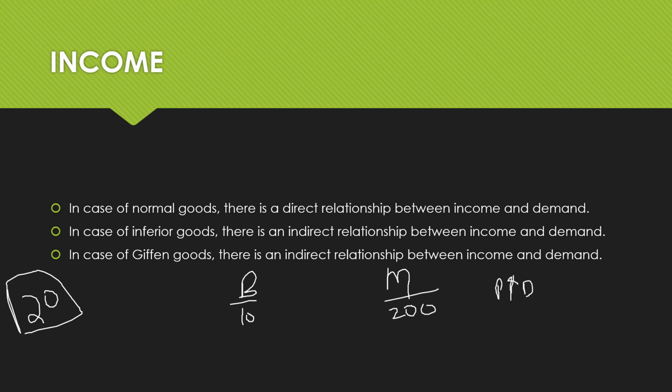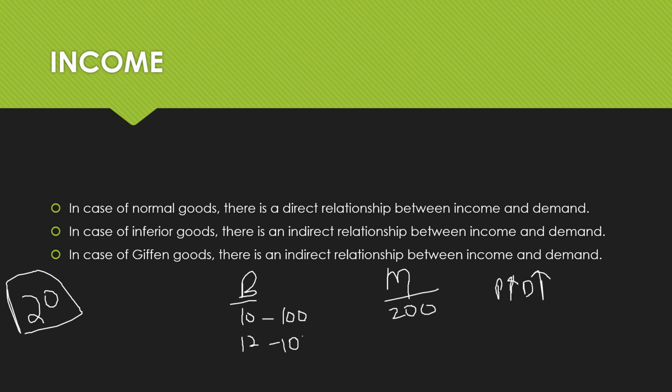Like for example, let me say that before, when the price of bread was 10, the demand for it was, let me say, 100. Now the price increased. Let me say the price became 12. Still the demand is almost the same. Let's say it has become 101.